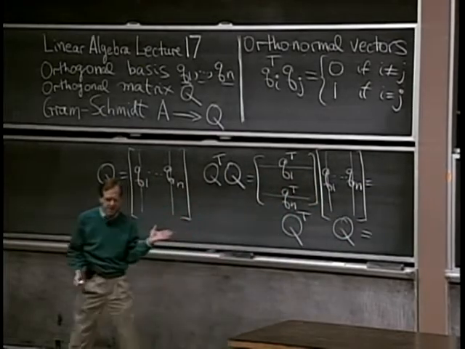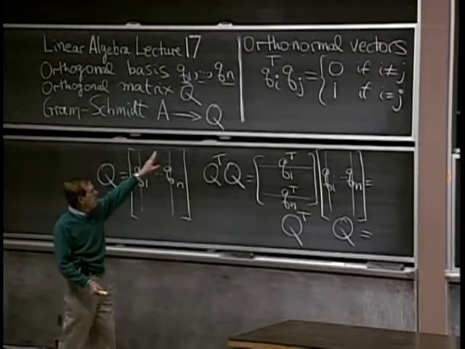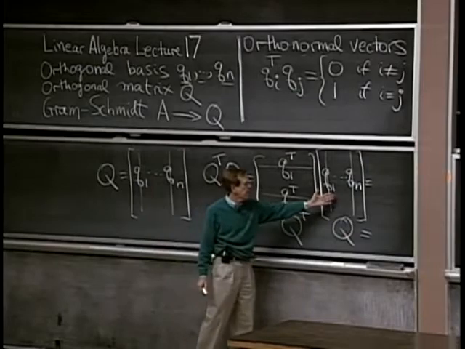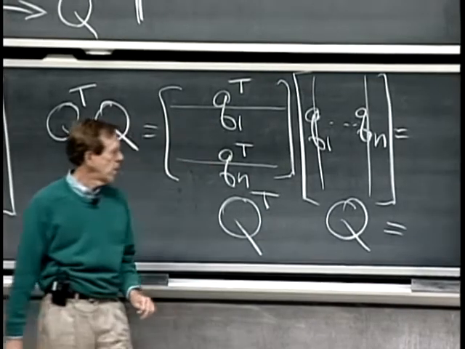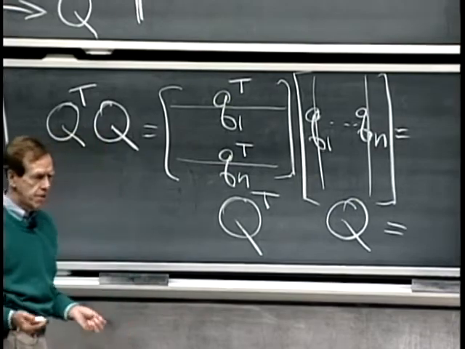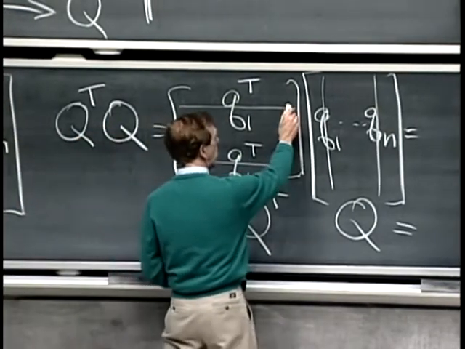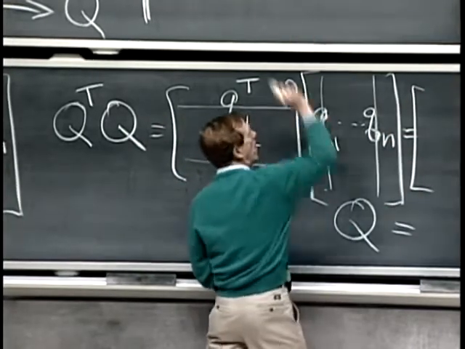This is the first, simplest, most basic fact: what happens with orthonormal columns in a matrix if I compute Q transpose Q? Do you see it? If I take the first row times the first column, what do I get? A 1.